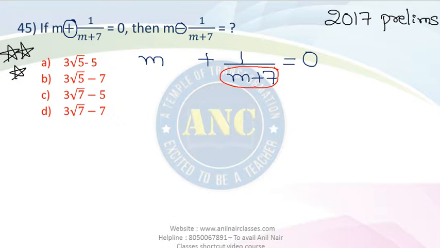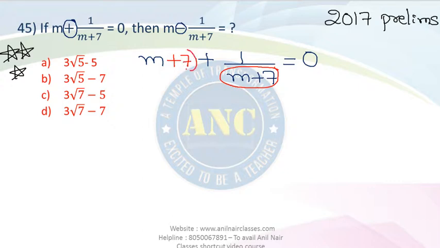That means if the denominator is x and the other term of the numerator is also x, then we can find x square plus 1 by x square, we can find x minus 1 by x, so many things we can find. That means the denominator in the second term is m plus 7, so make the numerator also m plus 7. As of now the numerator is only m, make it m plus 7.